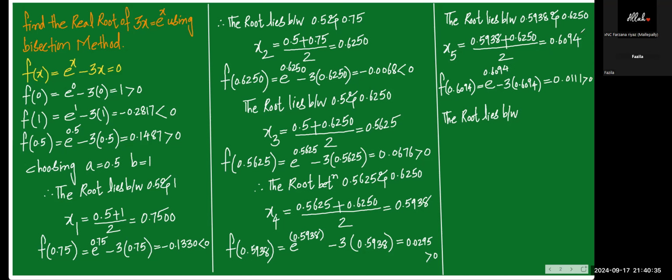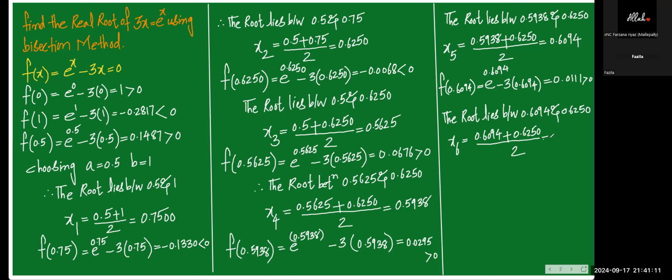That means the second value stays and the first value is replaced. So the first value is 0.6094 and 0.6250 as it is. The next, x6: 0.6094 plus 0.6250 divided by 2.